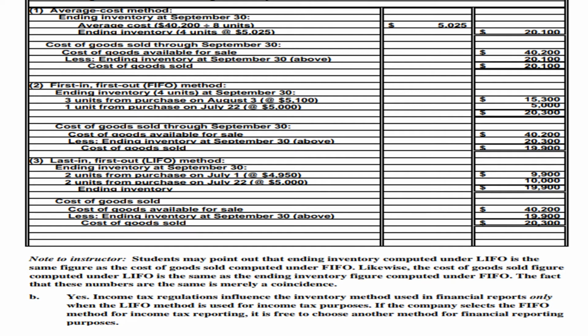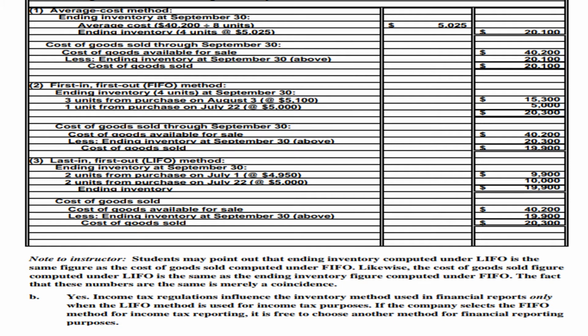Now in this case you will have to consider that we are finding the value of ending inventory. In case of FIFO, first in first out is used for cost of goods sold, but as we are finding the ending inventory, the ending inventory has the latest cost per unit.